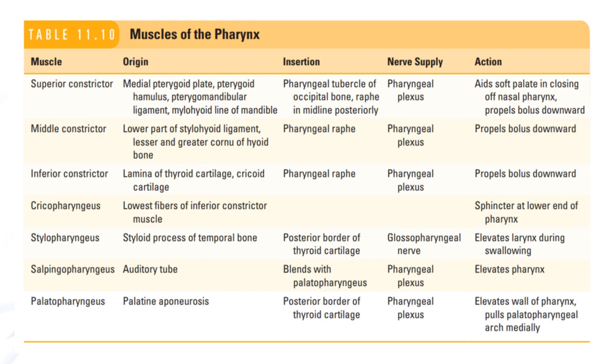The cricopharyngeus is a sphincter, and the stylopharyngeus, based on its attachment to the styloid and the pharynx, elevates the larynx during swallowing. And it's the same with the salpingopharyngeus and the palatopharyngeus.